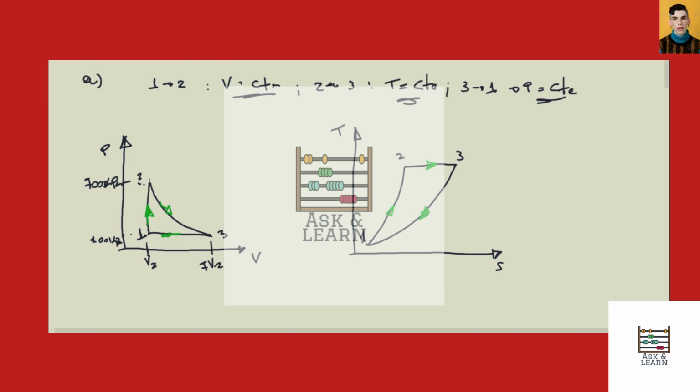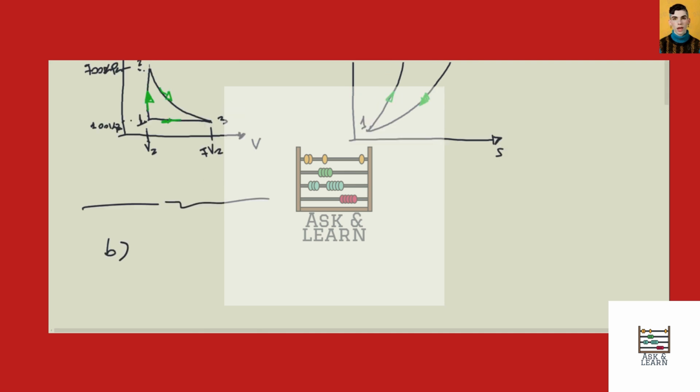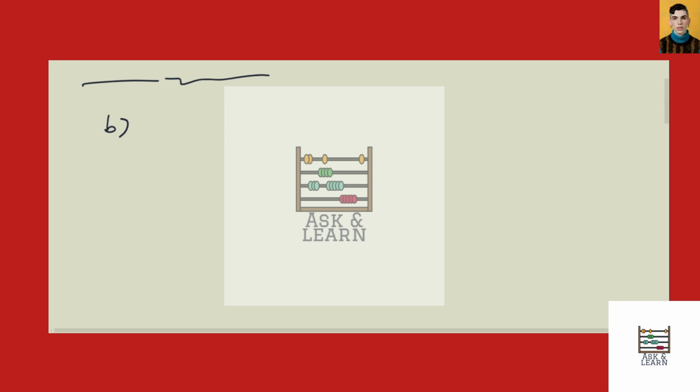Now, in item B, we have to find the ratio between the compression work and the expansion work. So what we want is basically the division of the compression work by the expansion work.